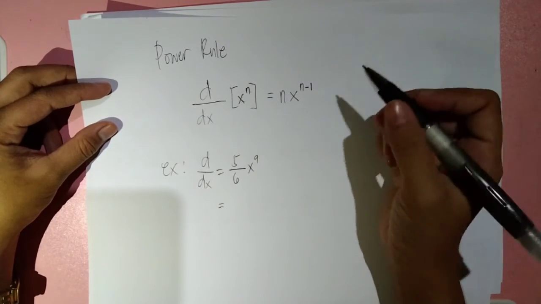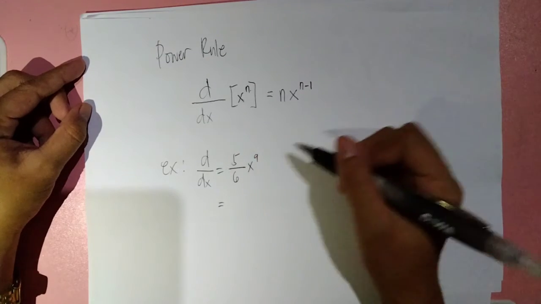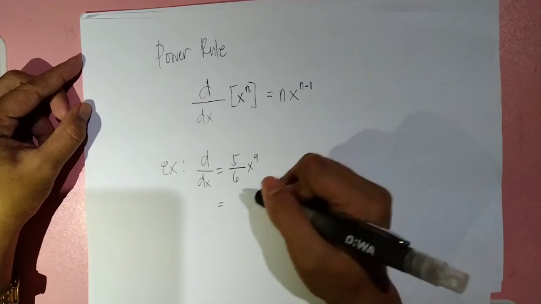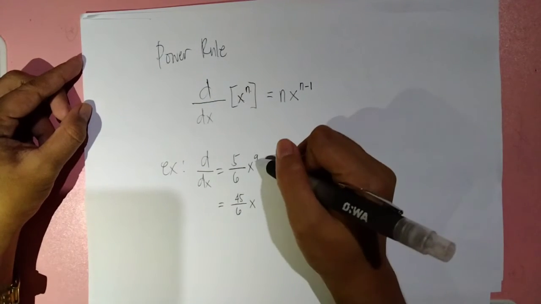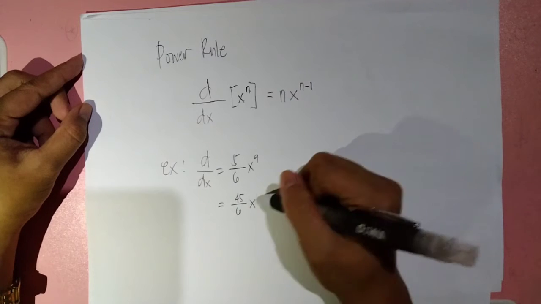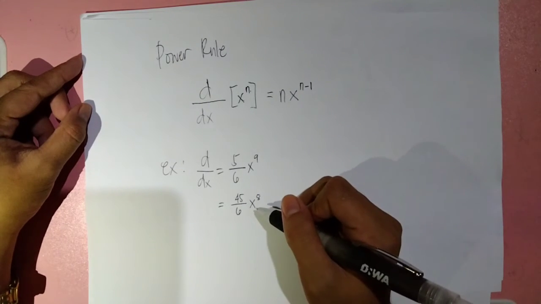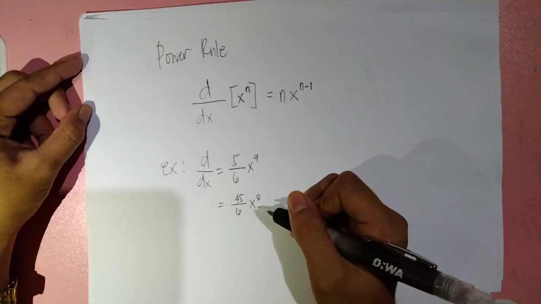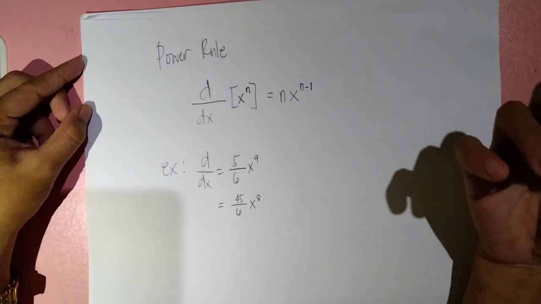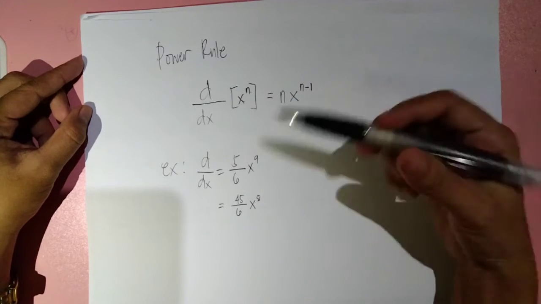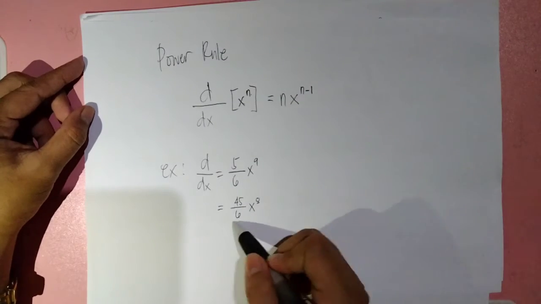When we start solving, we have 9 times 5 over 6, since the coefficient is 5 over 6. So 9 times 5 over 6, we have 45 over 6. And then subtract 1 from 9. That becomes 8. Therefore, the derivative of the function is 45 over 6 x to the power of 8.